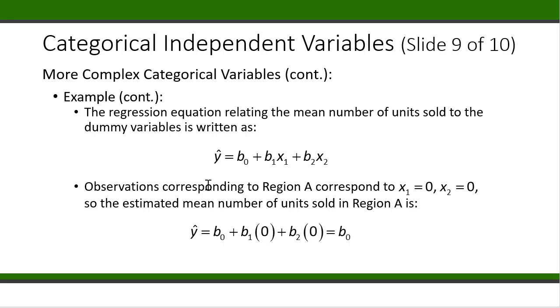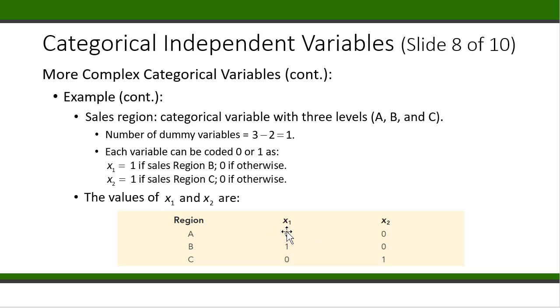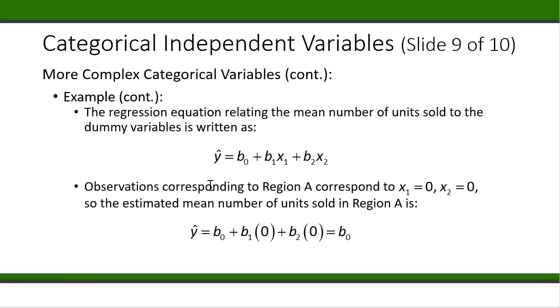So if it's region A, if we look at the previous one, then we're going to let x1 be 0, x2 be 0. And so the influence of region A, if x1 is 0, x2 is 0, those betas or b's get zeros next to them, and you're just left with b0.